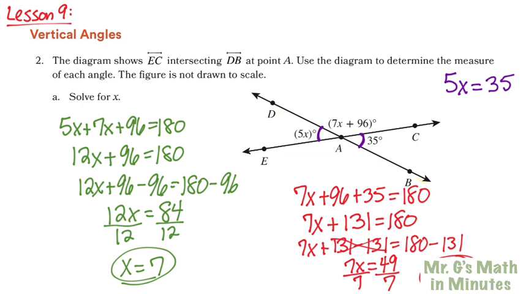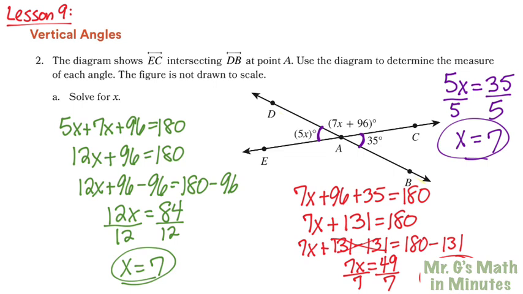Opposite angles are equal to each other, so I make the equation equal. To get rid of times 5, we divide this side by 5, and we get x is equal to 7. Knowing these relationships, being able to see these different things, can make the problems a lot easier for you.